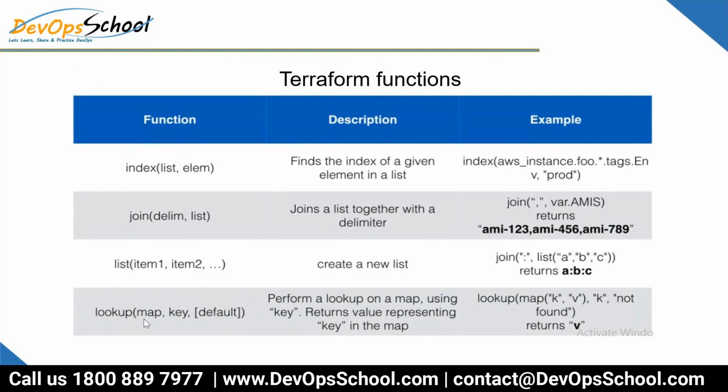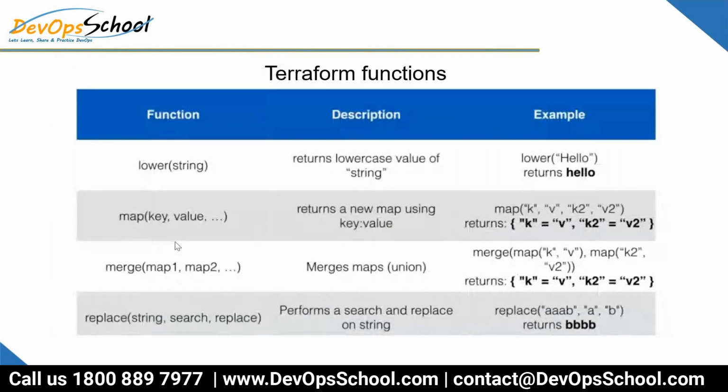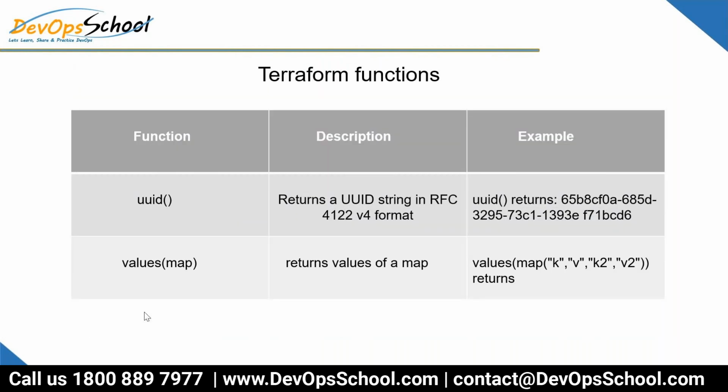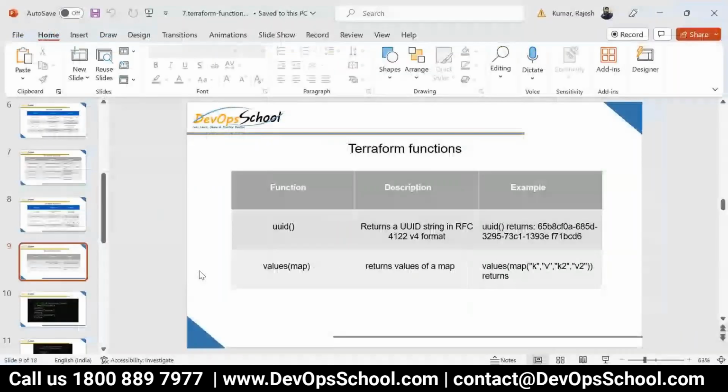This is one of the most used functions we have. We also have the split function, which splits a string into a list, and the substring function, which extracts a substring from a string. Hundreds of functions are there: timestamp, upper, lower, map, merge, which merges two maps into one, replace, uuid, values, and more. There are a lot of functions, and it depends on how you use them.